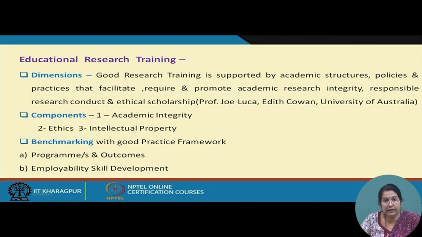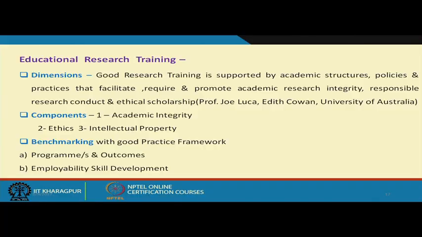Then intellectual property. If you are quoting somebody's work, or giving an example of somebody's work, then you need to acknowledge that person, that study, and those authors in your reference.